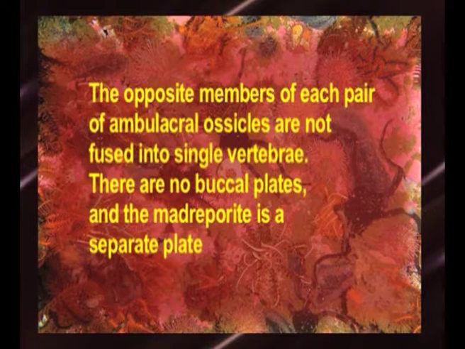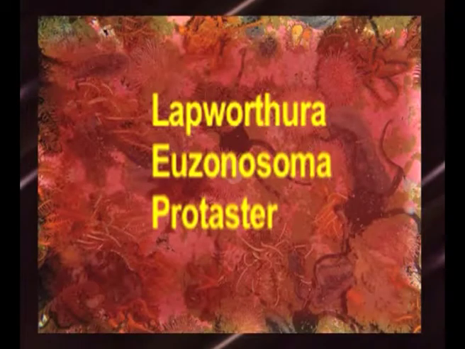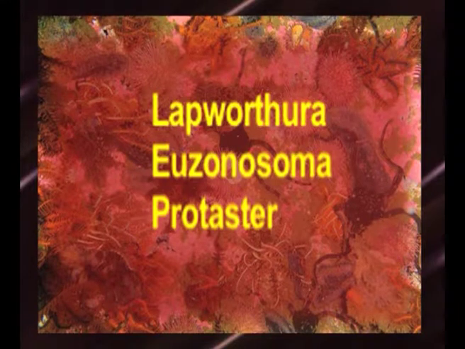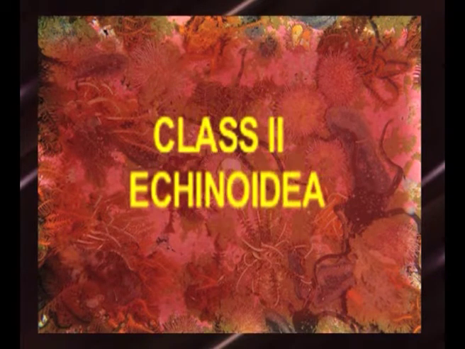There are no buccal plates and the madreporite is a separate plate. The vertebrae of some genera possess articulating knobs and prominences similar to those in the recent forms. The principal Paleozoic genera are Lapworthura, Eophiura and Protaster.